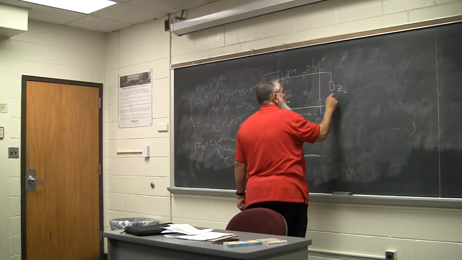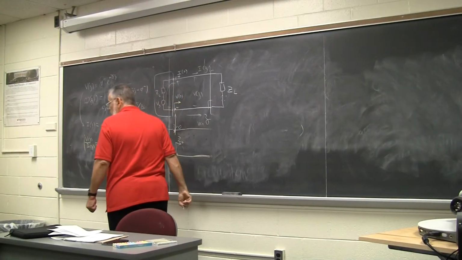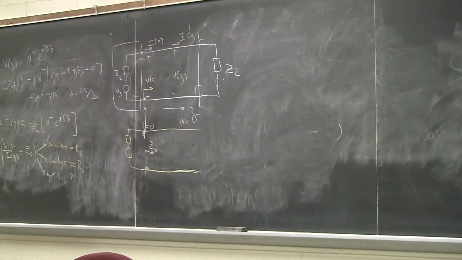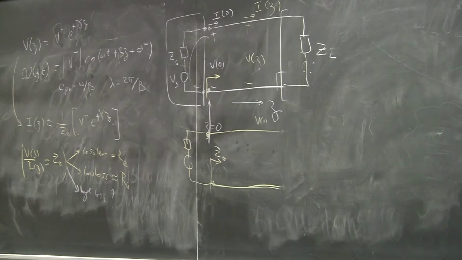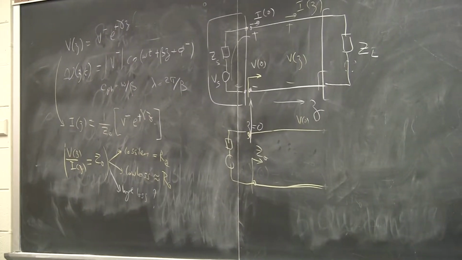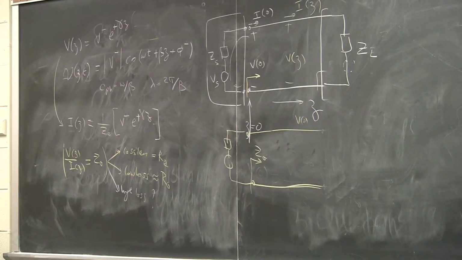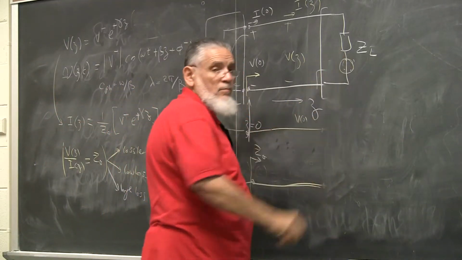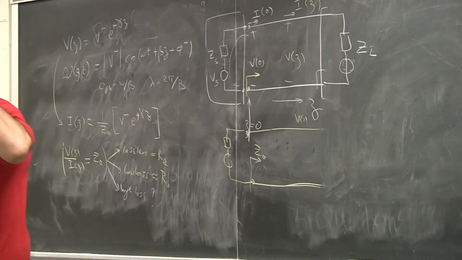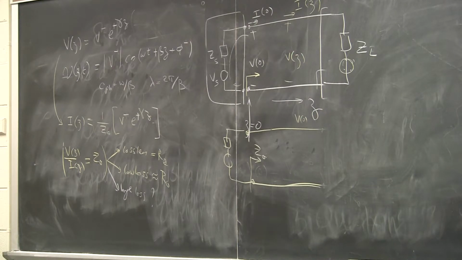I'm not going to put a source here. Putting a source here is going to complicate things more, right? So I'll just assume that the other side is only a load, no sources. And suppose you do have a source, what will you do? Zero the source. Just do superposition.